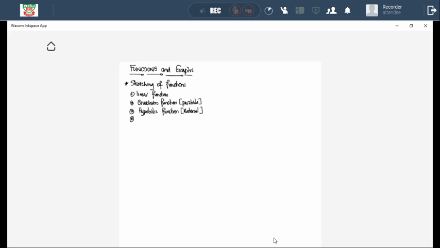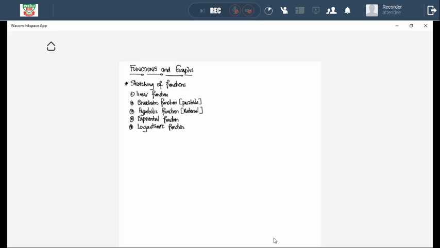Then I will explain that as we go. Then exponential function. I'm also going to sketch a logarithmic function, the one that we covered this year, the logarithmic function.